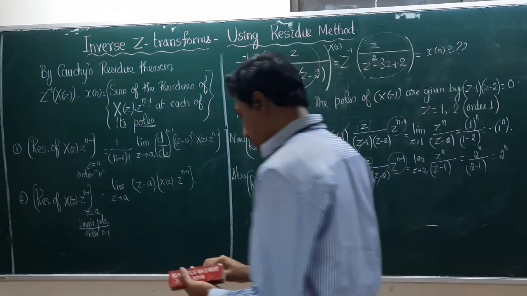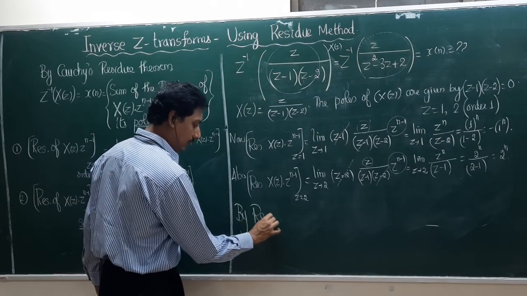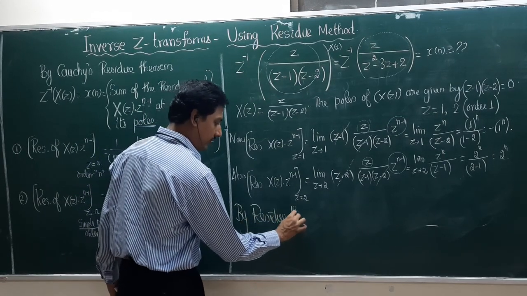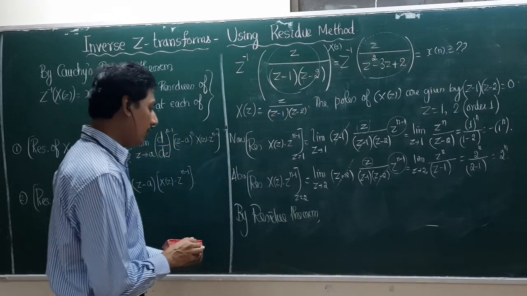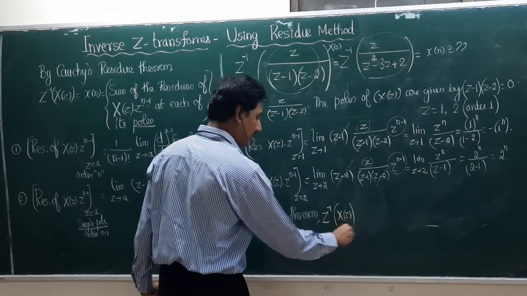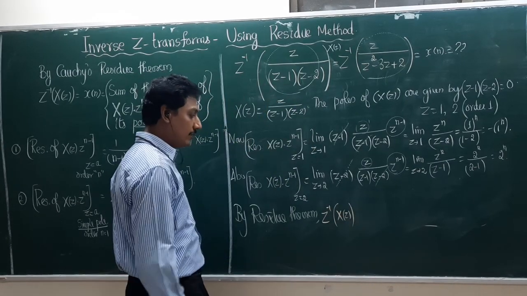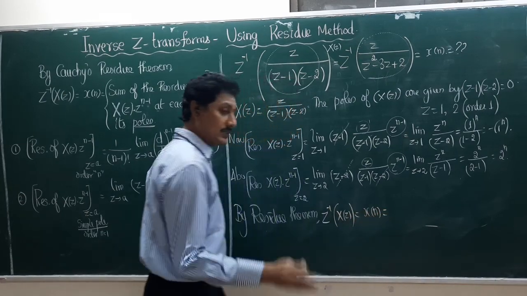So by Cauchy's residue theorem, the technique is to determine the residue values, and the theorem says that the inverse Z transform of X(z), in this case X(z) equal to z by (z minus 1)(z minus 2), is the required sequence x(n), equal to the sum of the residues.